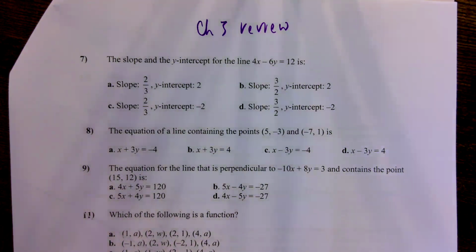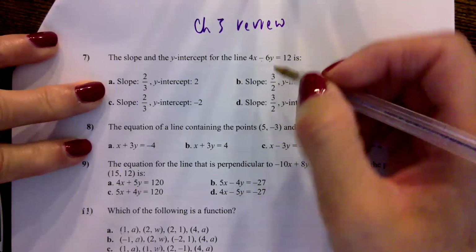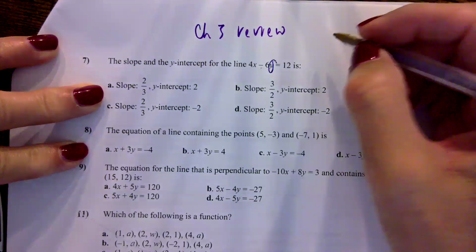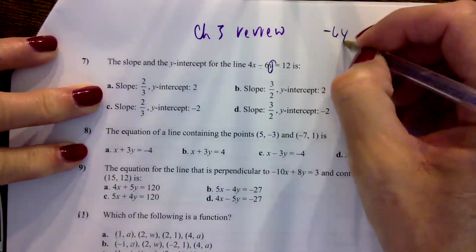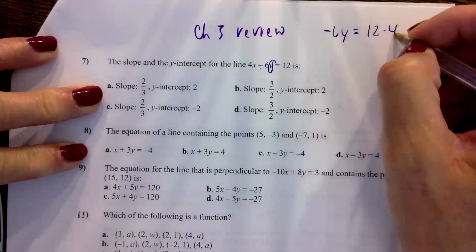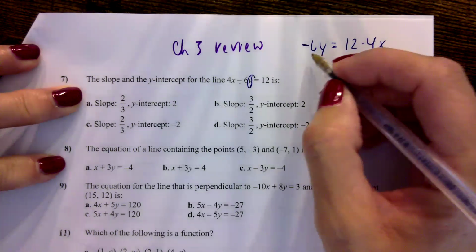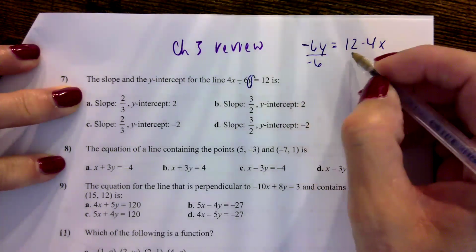So my personal choice is to put it into y equals mx plus b format. So I'm going to isolate y. So I'm going to subtract 4x from both sides. And then I'm going to divide by -6.